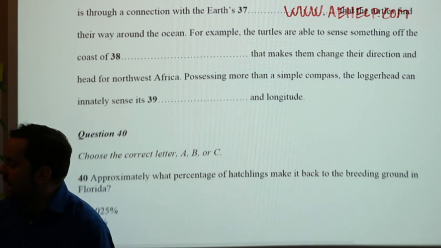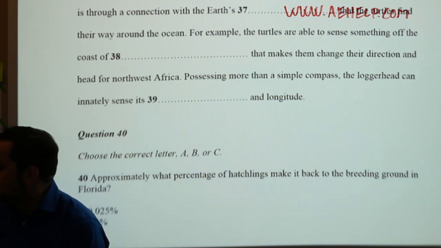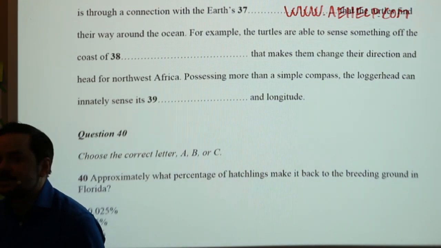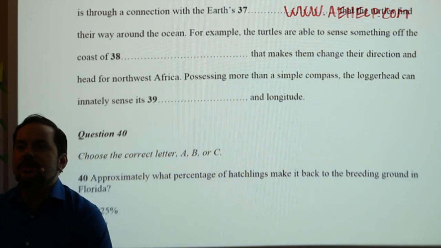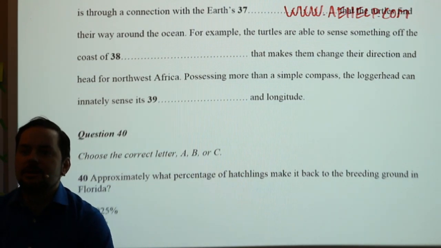Okay, let's look at 38. For example, the turtles are able to sense something off the coast of that makes them change their direction and head for Northwest Africa. So number 38 is, very good, Raya, Portugal with a big P because it's the name of a country. Tanu, you get it wrong because it's a small p in your answer.